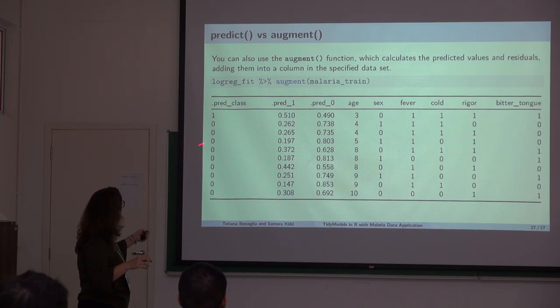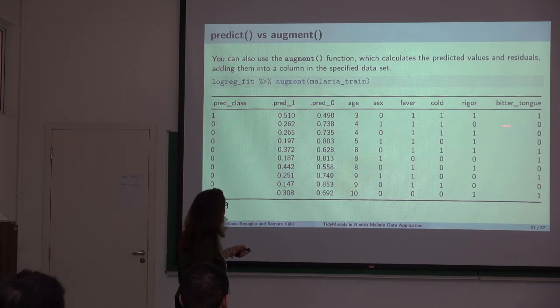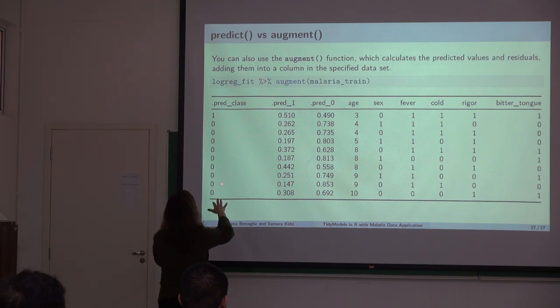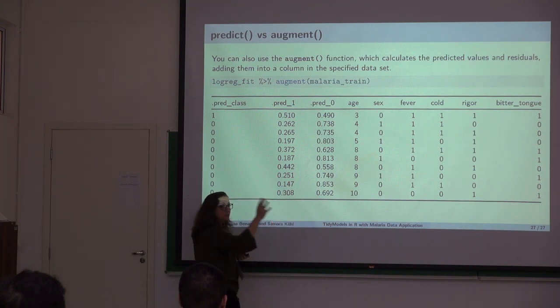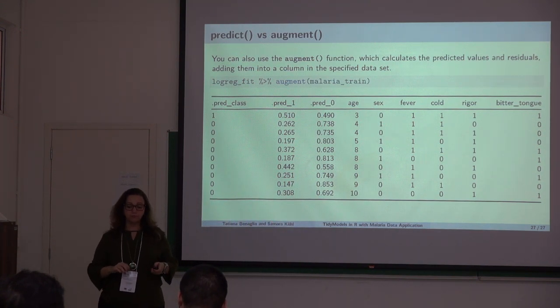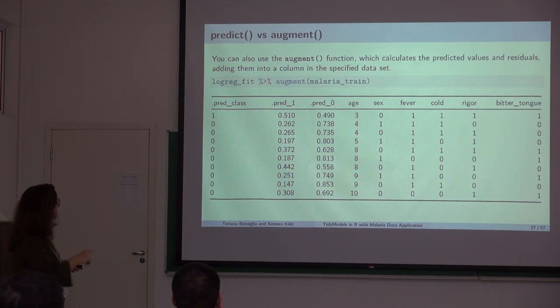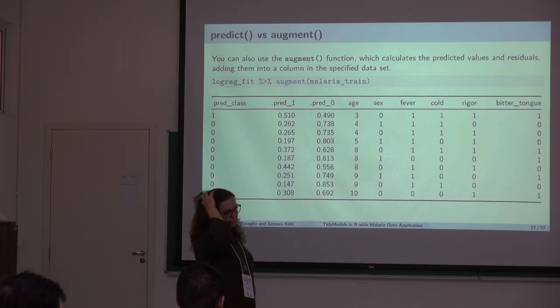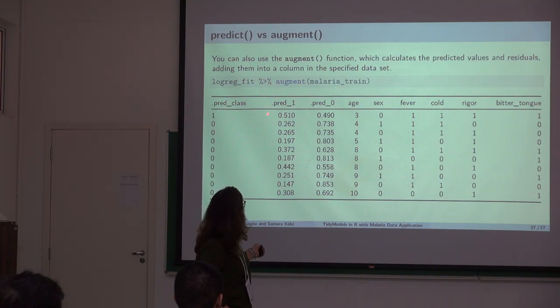And everything else, class 0, and then we have more. I just show you the first piece. So it takes your data set and puts these columns in it. It just augments the columns you have. This is good because then you have your true values and predictions in the same order, because sometimes you can get mixed up.